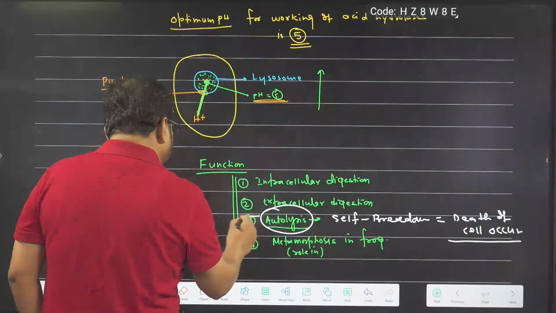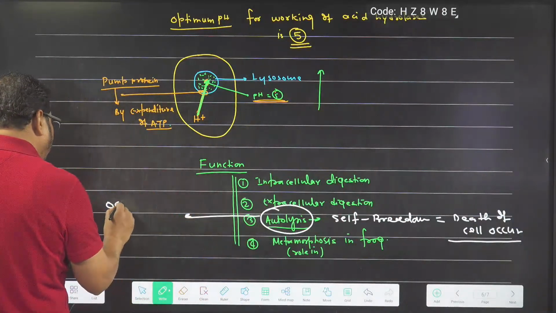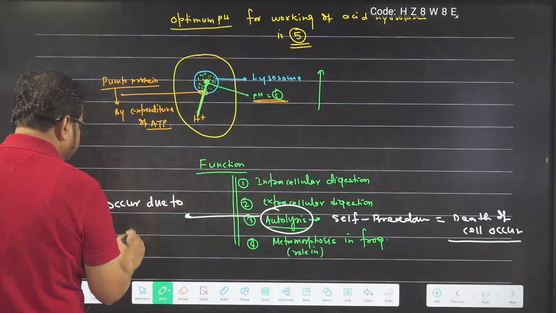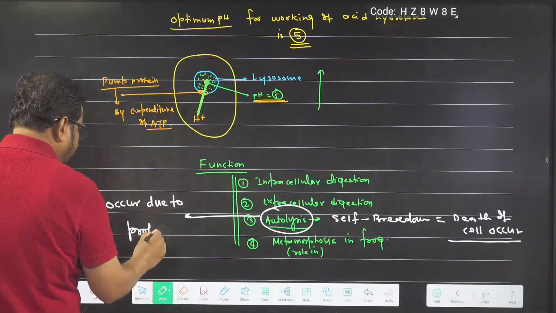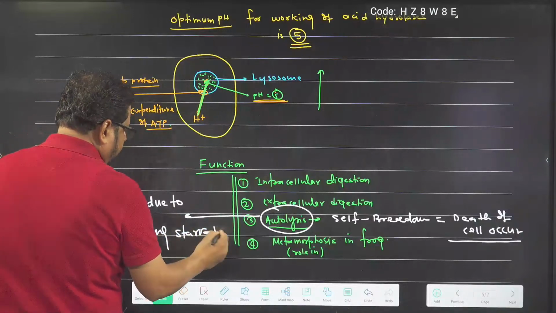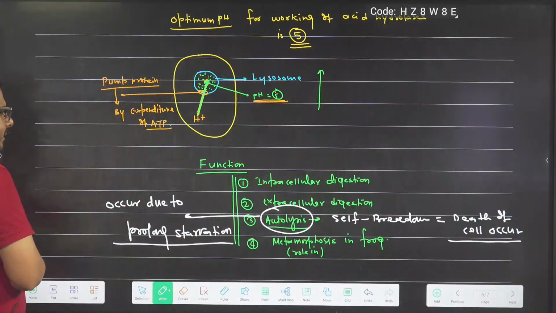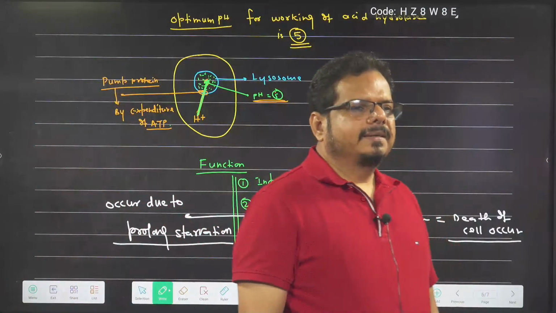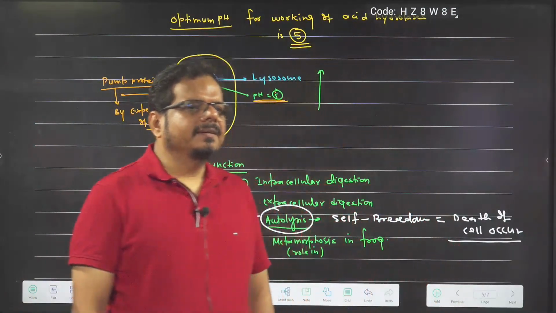But autolysis occurs due to prolonged starvation. Are you getting the idea or not? Is it clear? Right? Done?